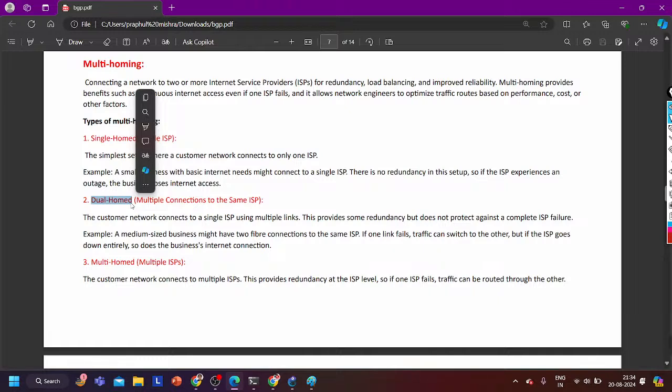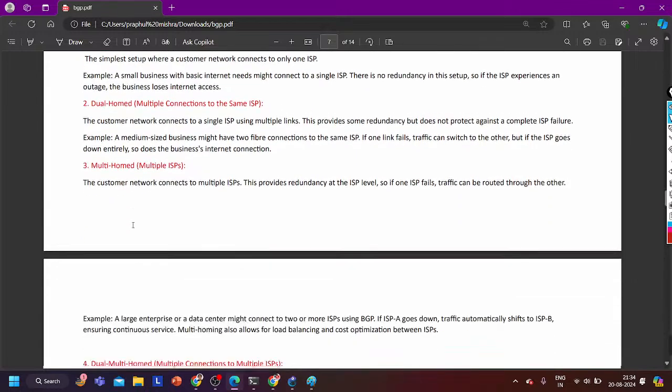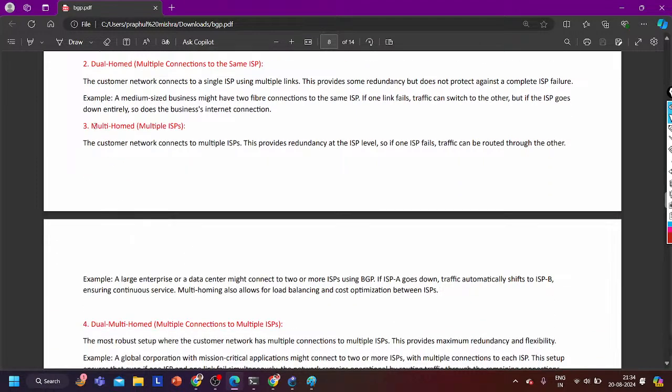So if your company is medium size, then you can purchase a normal router and configure the default route. But still you have the option to configure BGP as well. In multi-home, we will configure BGP only. Can you configure BGP on firewall? Yes, you can configure BGP on firewall as well.